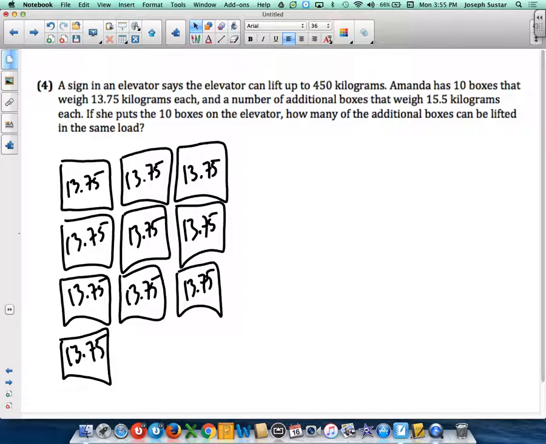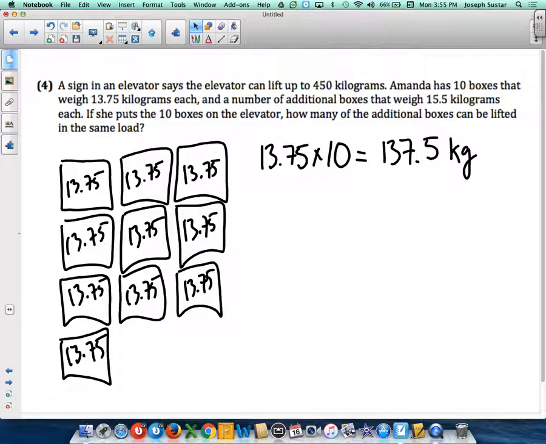We could add those all up, or we could simply multiply 13.75 times 10. When we multiply by 10, everybody just shifts over one place value, and we get 137 and 5/10 kilograms. So that's how much those 10 boxes weigh. Let's erase these 10 boxes.